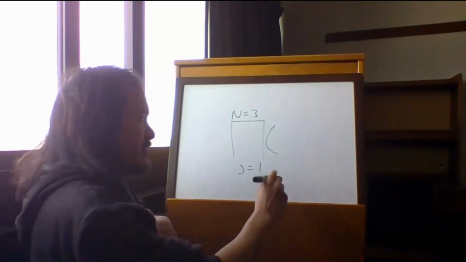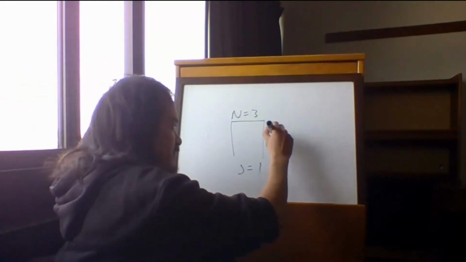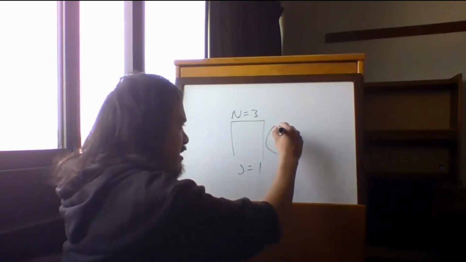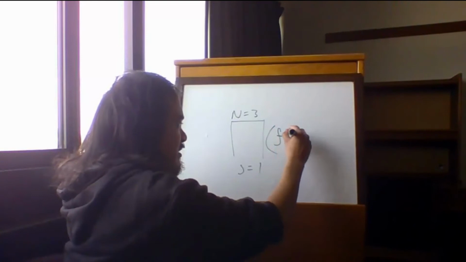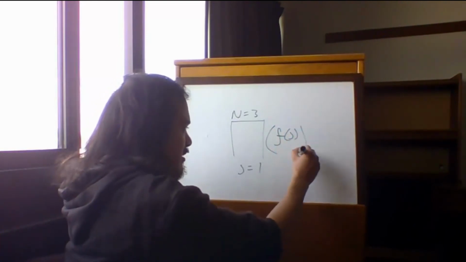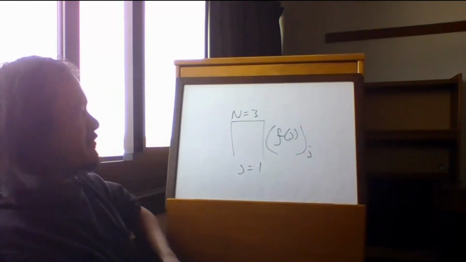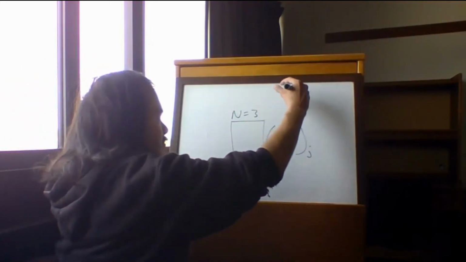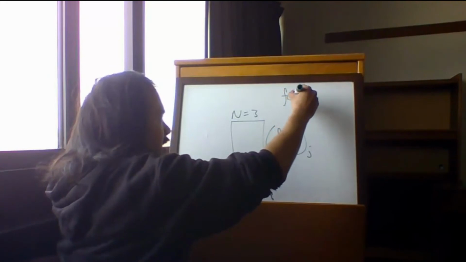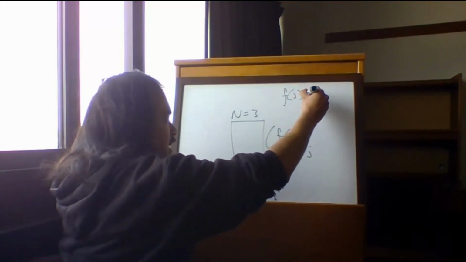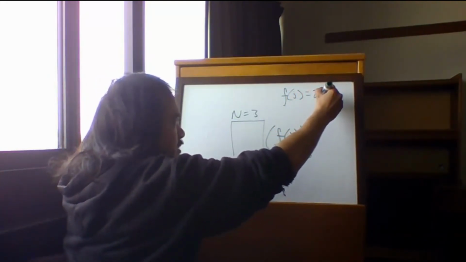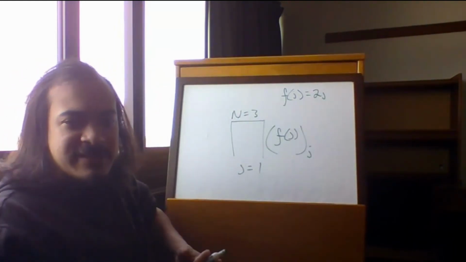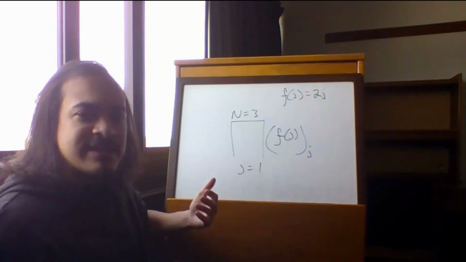We'll do the same thing again, f of j is equal to 2j. Last time we got 12, so let's see what we'll get this time.